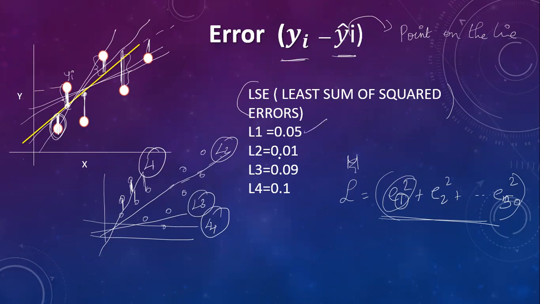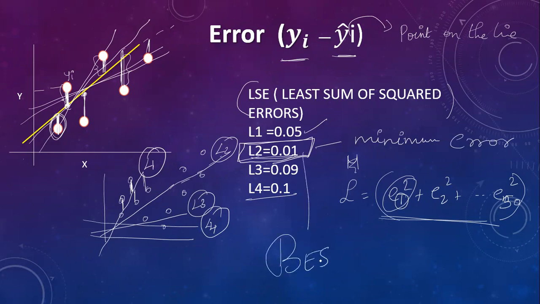For L2, the error is 0.01, and L3 0.09, then L4 0.1. So you have to select the line that gives you the minimum error. And that line is called the best fit line.